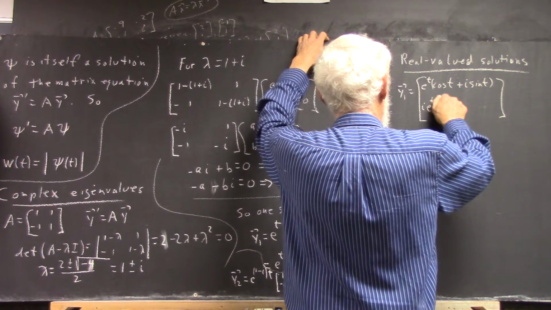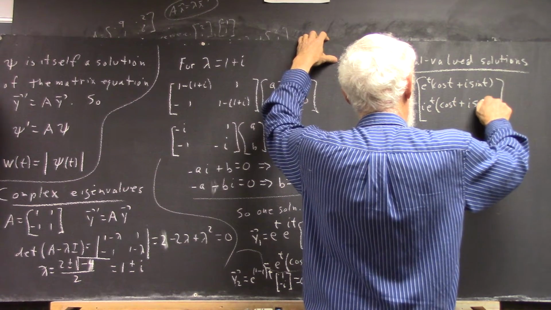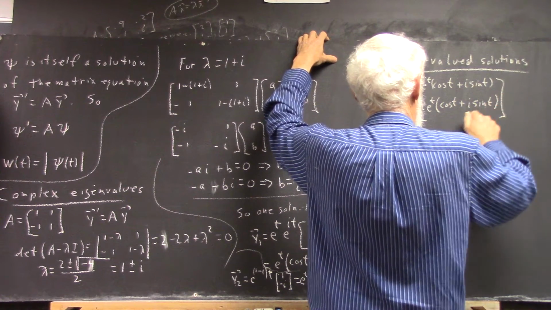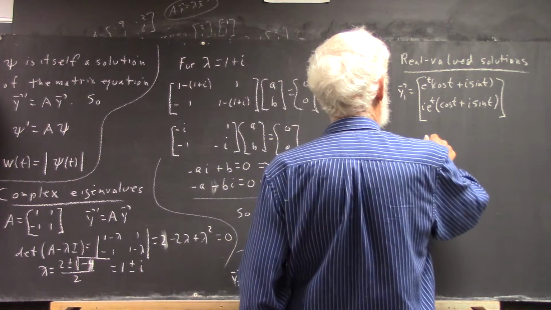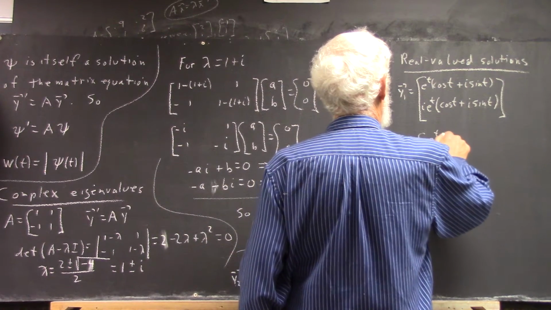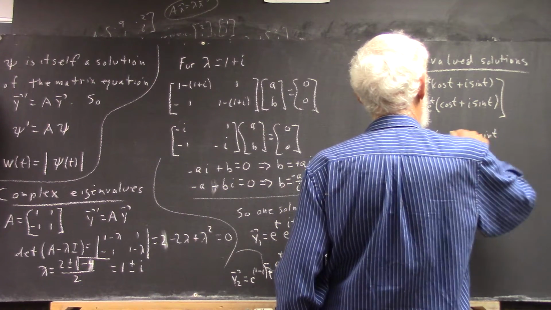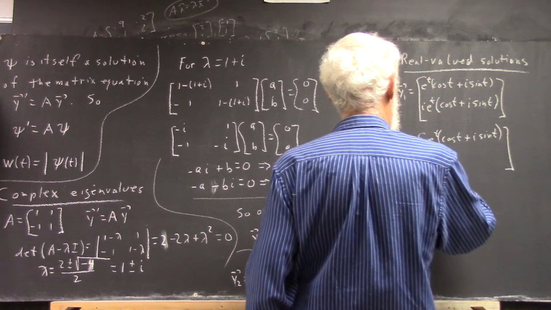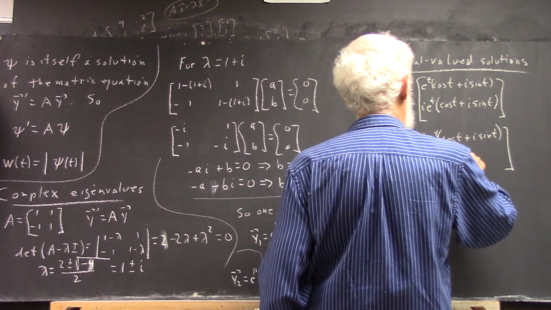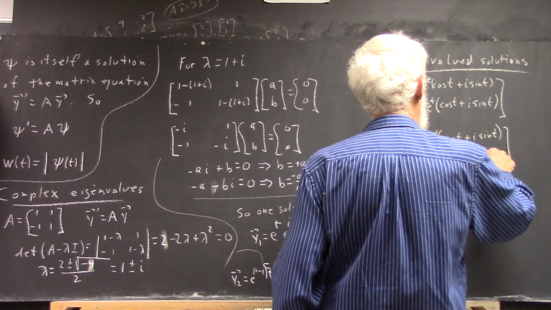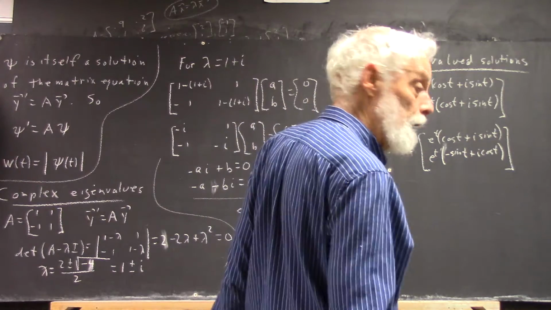I e to the t times cosine t plus I sine t. Okay? And that equals e to the t cosine t plus I sine t, I times e to the t times negative sine t plus I cosine t. Just multiplying through by the I.